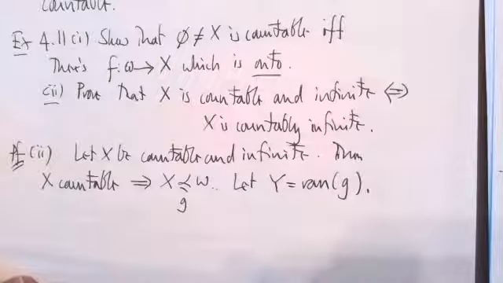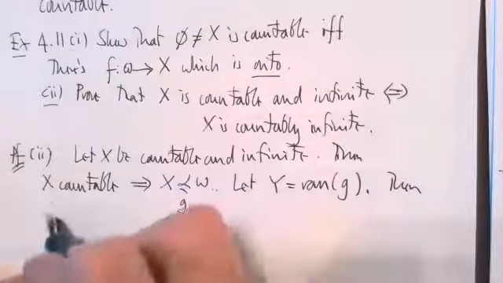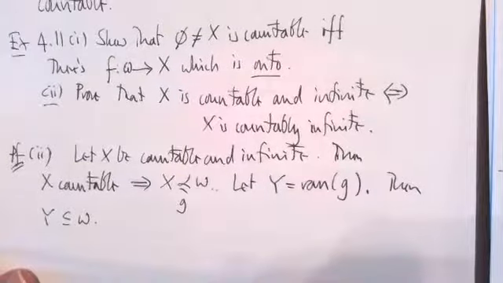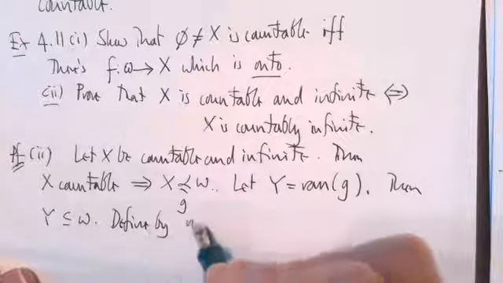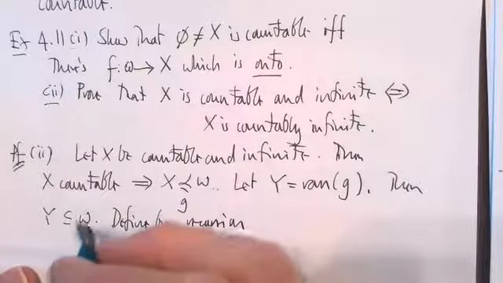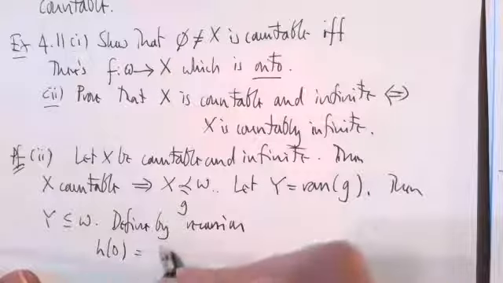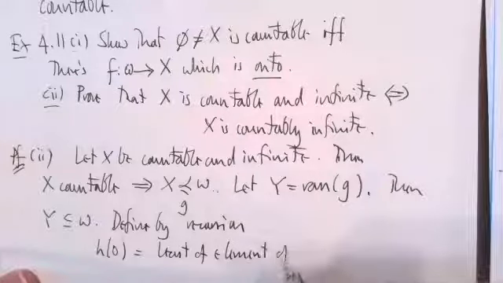So now I can just define, well, let me say this, Y is a subset of omega. So define then by recursion an enumeration of Y. H of 0 is the least element of Y, using the ordinary ordering of natural numbers.